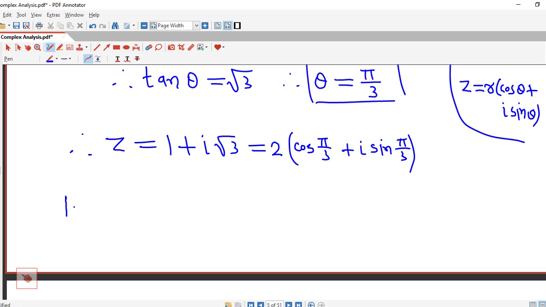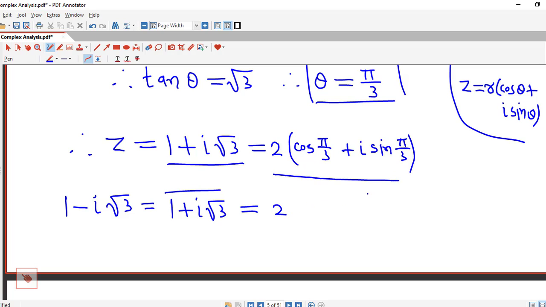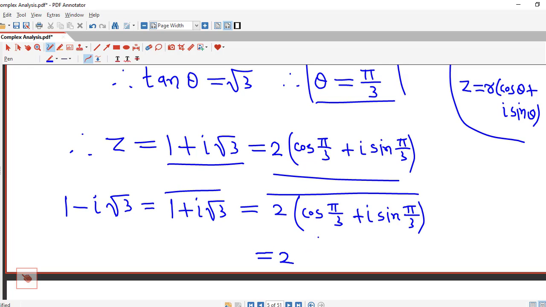Now 1 minus i root 3 is nothing but the conjugate of 1 plus i root 3. So the conjugate of 1 plus i root 3 means the conjugate of 2 times (cos pi by 3 plus i sin pi by 3). This is the conjugate of 2 times the conjugate of (cos pi by 3 plus i sin pi by 3).